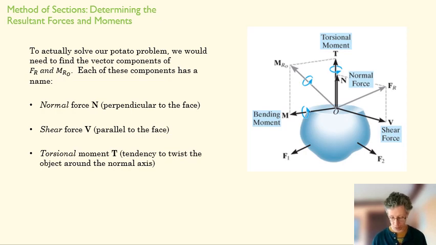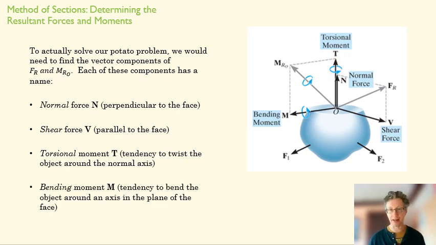We can look at our torsional moment. This is the moment that is twisting our potato around its central axis, right? So we can think of this as a twisting moment. And then we have a bending moment, which is perpendicular to our sectioned face. And that bending moment is tending to bend that potato, right? So if the torsional moment wants to twist it, the bending moment wants to bend it. Safe enough.